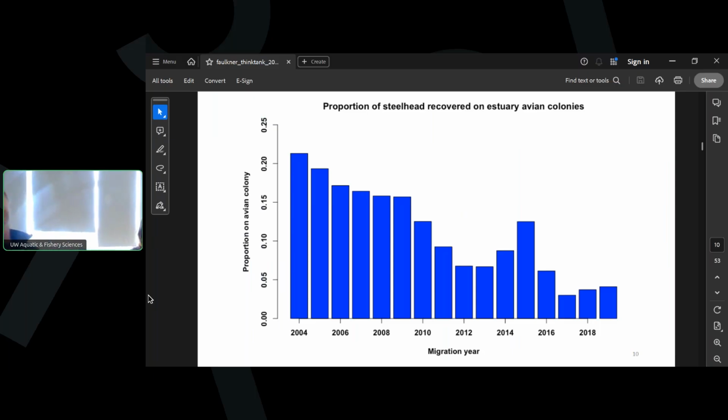Okay. Yeah, that's what it is. So this is the proportion of the ones that survive at least as far as Bonneville. Possibly the towed array. Yep. But haven't entered the ocean. Yeah, because they probably go to the ocean a little bit, but they're mostly feeding in that estuary area.